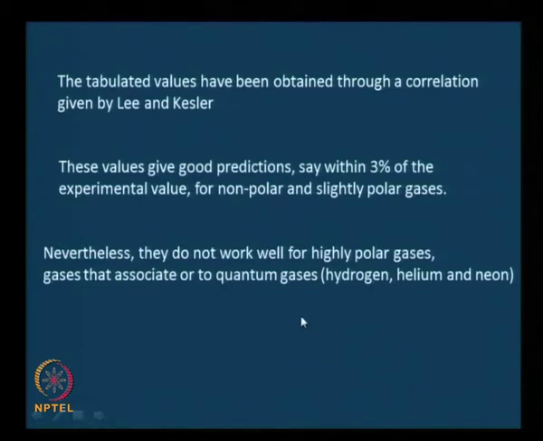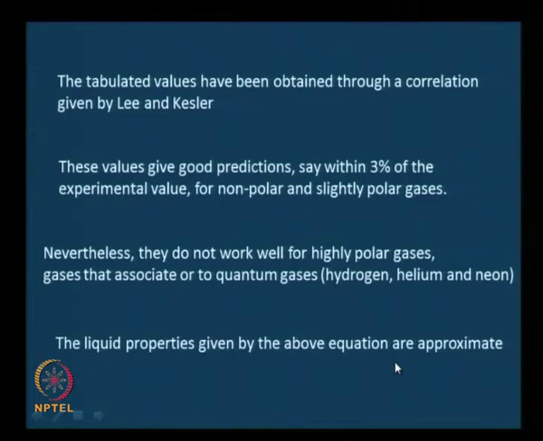They work well for most cases when we use the Z equals Z0 plus omega times Z1 formulation. The predictions are within 3% of the experimental value for non-polar and slightly polar gases. Well, they do not work as well for highly polar gases or gases that associate or quantum gases such as hydrogen, helium and neon.